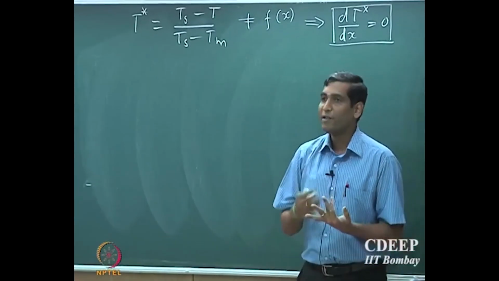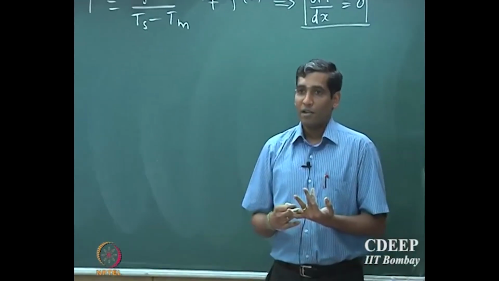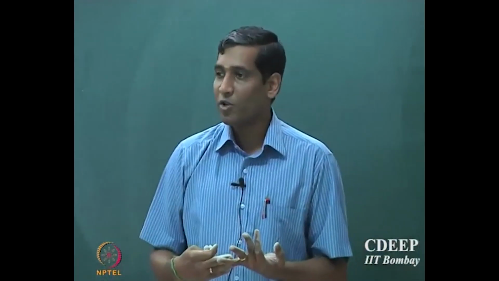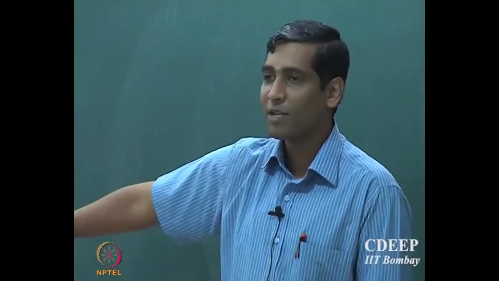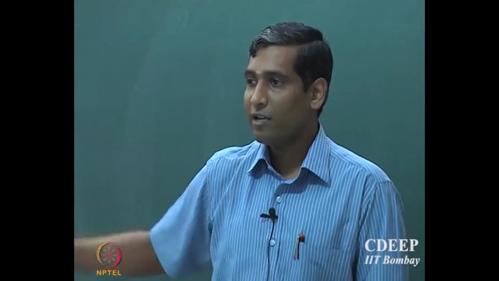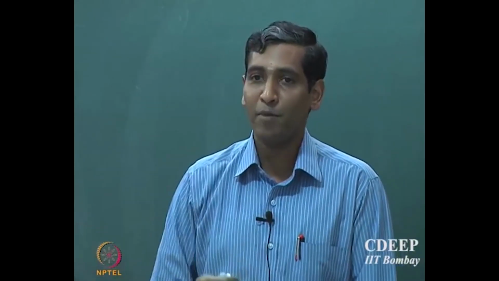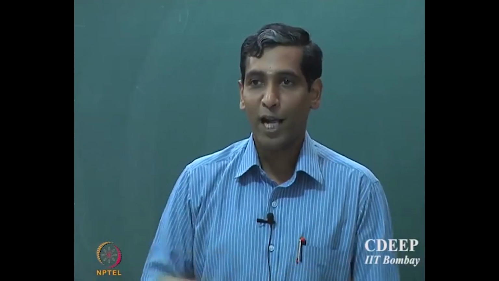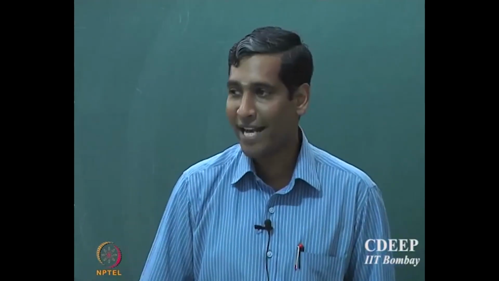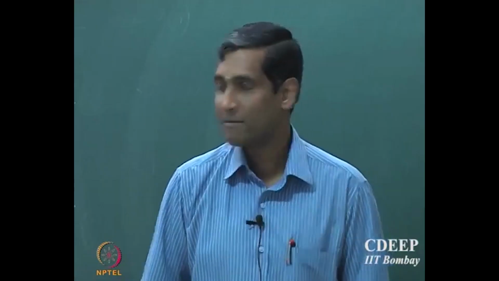And in fact, the definitions that we have used all through this course, we have used a certain form for non-dimensionalizing temperature, and that really comes from this idea that using such a dimensionless quantity for temperature helps in understanding the problem better and gives much better insights.